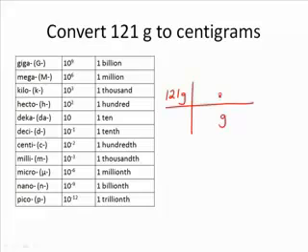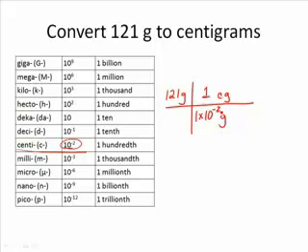Grams to centigrams. Okay, and this tells me that the relationship here, what this means is that 1 centigram is 1 times 10 to the minus 2 grams. So if you're going to use the values straight off of this chart, you want to put a 1 with the prefixed unit, and then use the exponent in the chart with your base unit.